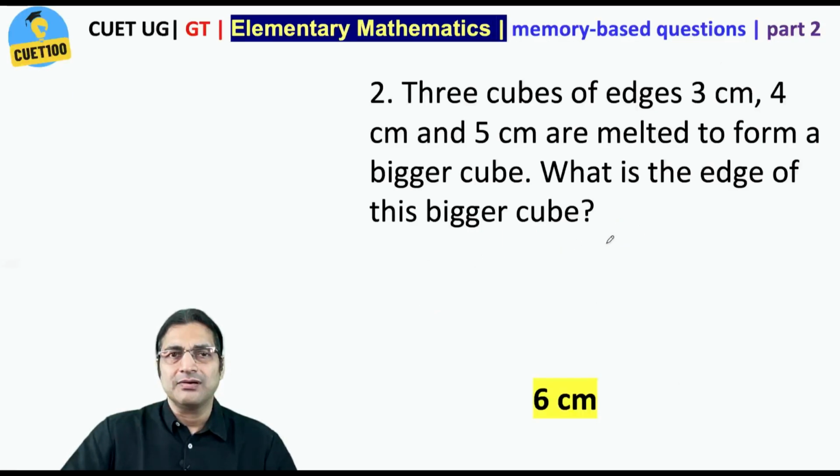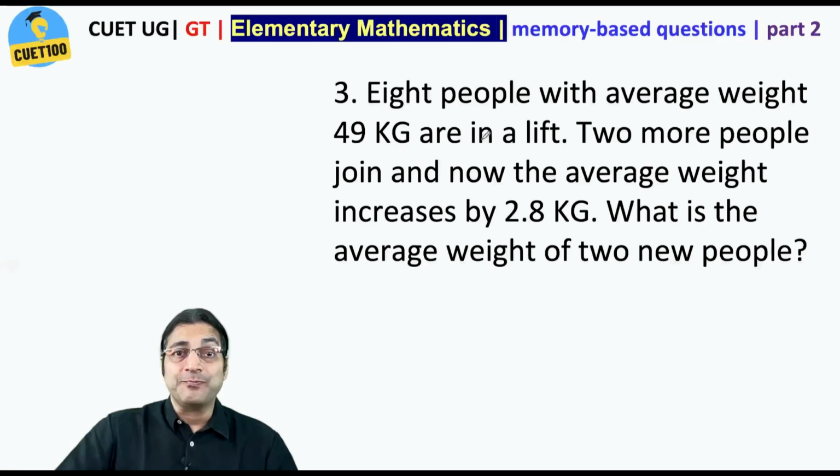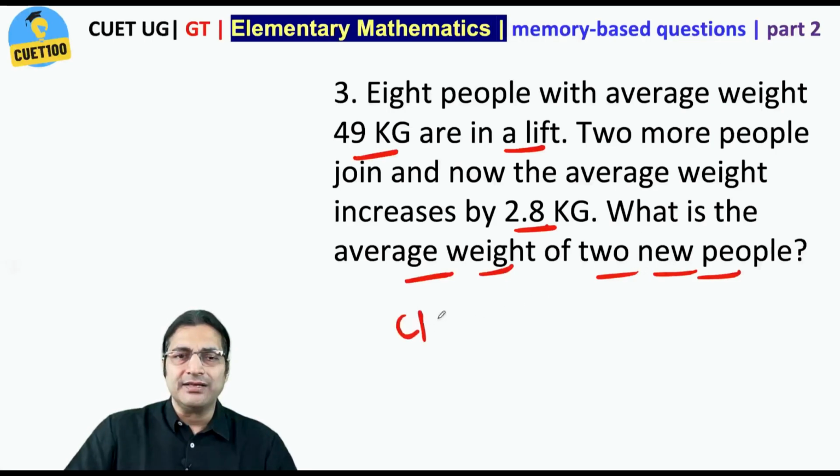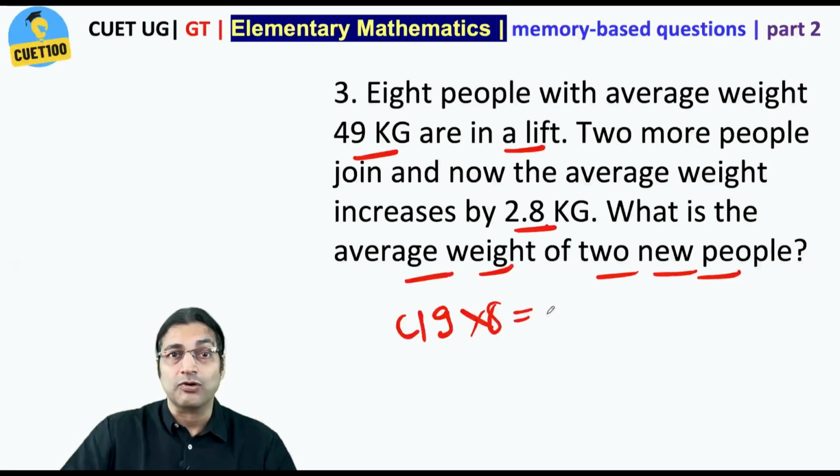8 people with average weight 49 kgs are in a lift. 2 more people joined and now the average weight increases by 2.8 kgs. What is the average weight of 2 new people? One way of looking at it, that initially the average weight was 49 of 8 people. So, the total was 49 into 8, 50 minus 1 into 8. So, 400 minus 8, 392.